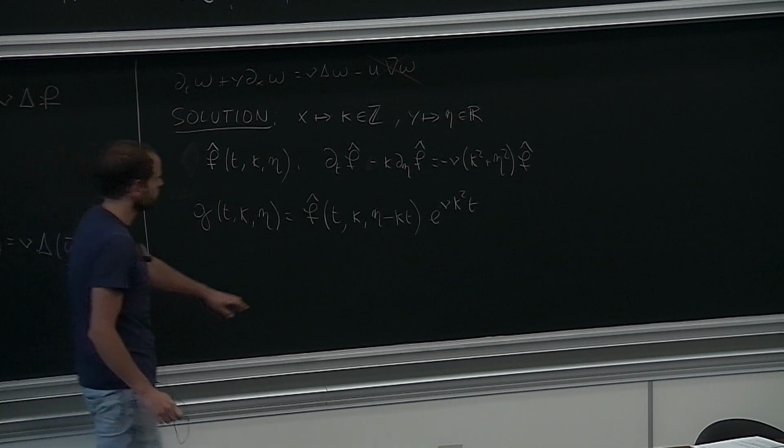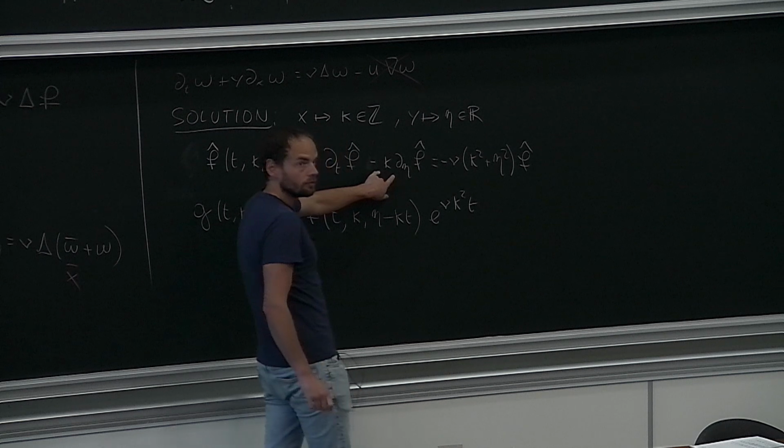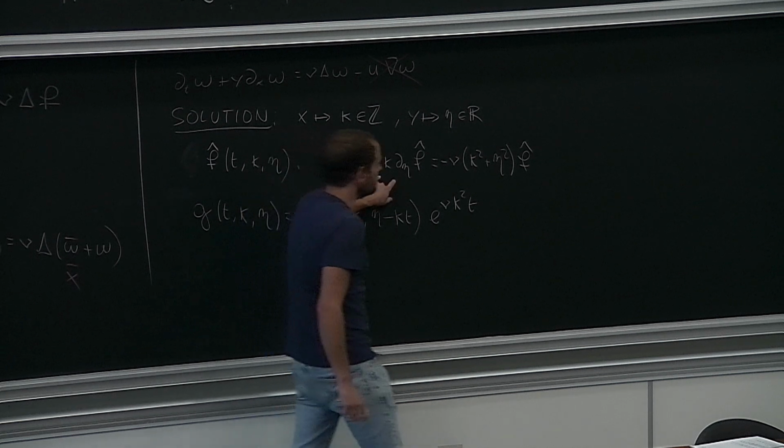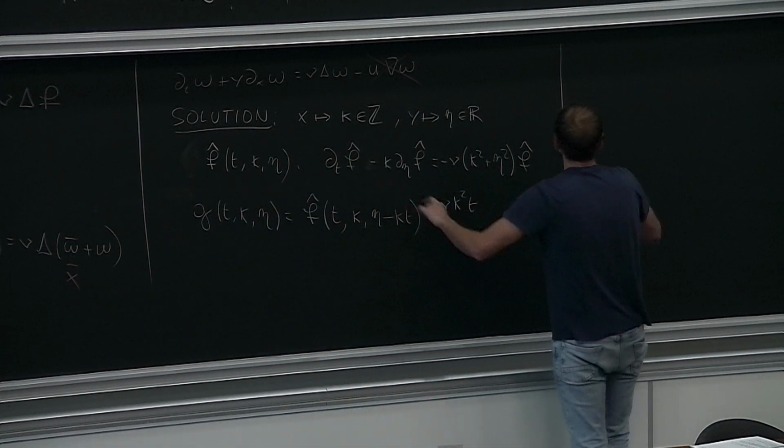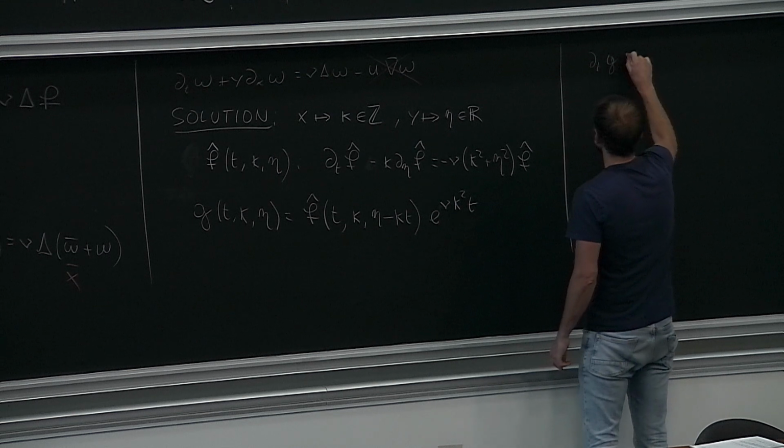This shift just takes care of the transport in Fourier. So let's compute the equation for g. What is dt of g?